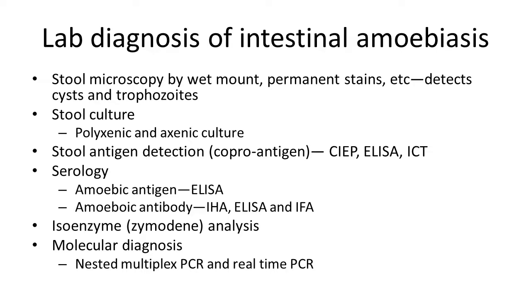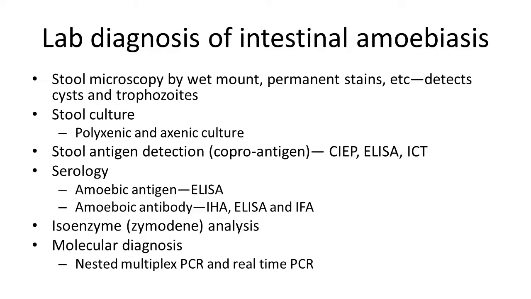If the trophozoite does not contain ingested RBC, at that time we cannot conclude this is Entamoeba histolytica, right? So now we can only guess whether it may be Entamoeba histolytica or Entamoeba dispar.